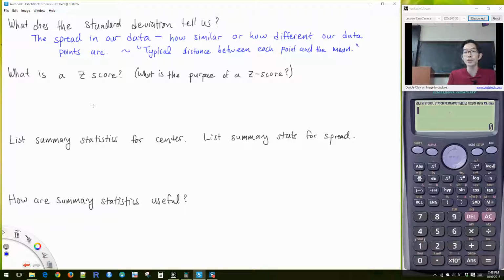Any volunteers for what a z-score is? How close or how far a variable is from the average? Okay, it's a distance a point is from the mean, but it's expressed not in just its units, but in standard deviations. So it's basically the distance a point is from the mean, or the average, in standard deviations.